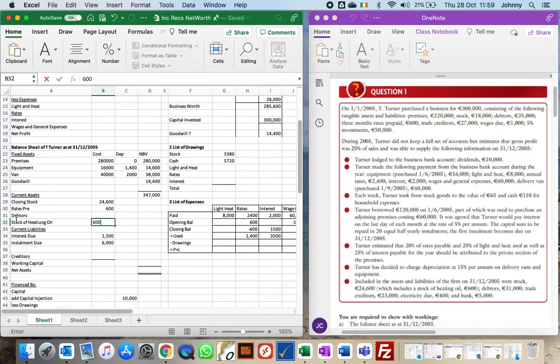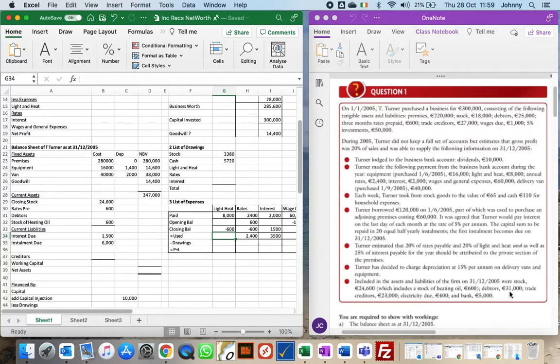Stock of heating oil is a prepaid, so some of my heating oil is going to be carried over to next year. So I'm going to take it away from the money spent on light and heat this year. So that's going to be a minus when I'm calculating my expenses.